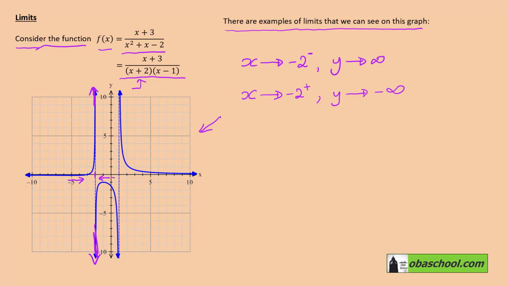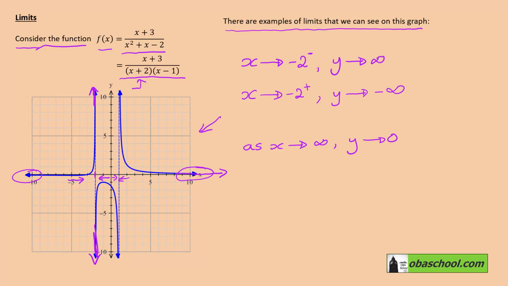We can do the same analysis at x = 1. There are other limits out here as well. We could say that as x tends to infinity, we can see that it's asymptoting to the x-axis, so that would mean that y tends to 0.